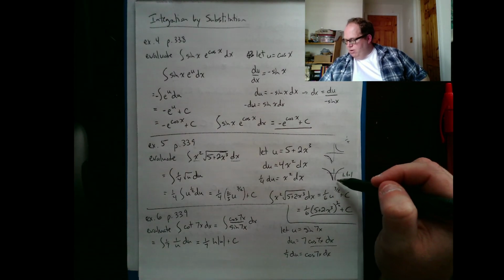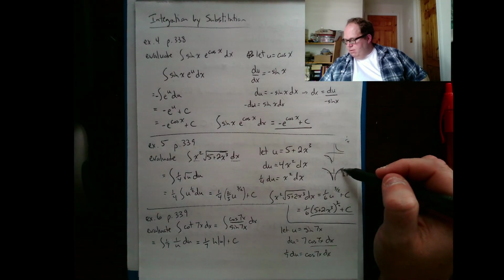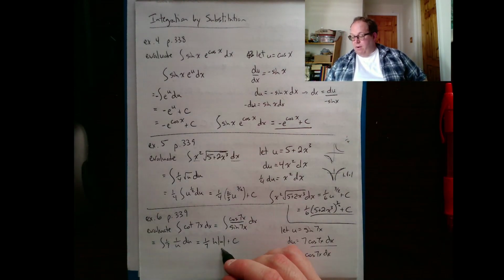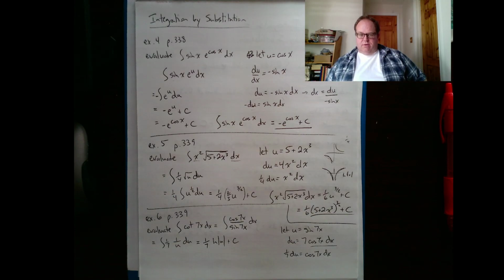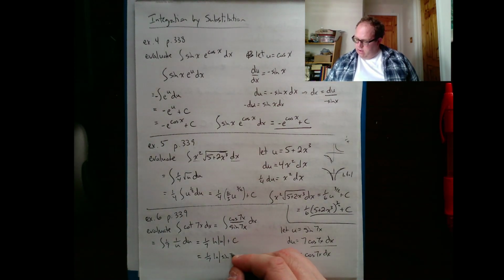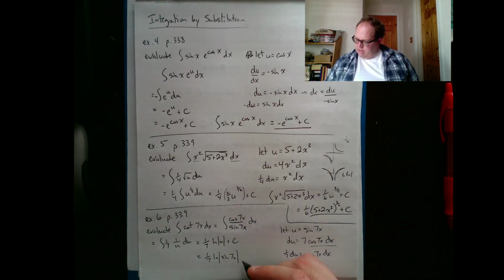But after this point, my derivatives should be positive numbers that keep getting smaller and smaller. So that's part of the reason why we end up with the absolute sign around u here. That becomes more important when we get into more definite integrals later on. So I end up at 1/7 ln of the absolute value of sine 7x plus a constant.